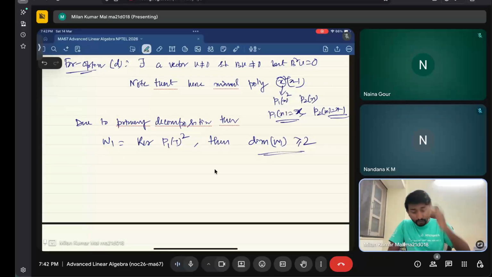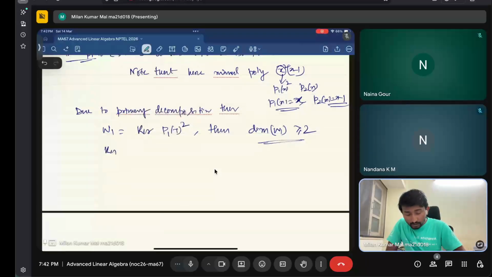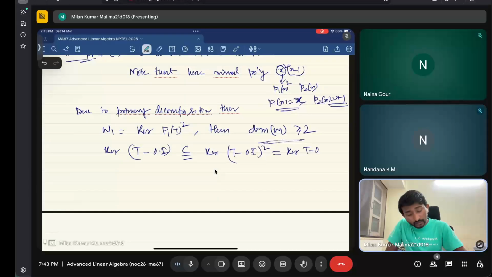And if you remember carefully, once I was trying to say that for this type of situation, kernel of T minus 0 times I is a subspace of kernel of T minus 0 times I squared, and after that it will stabilize.